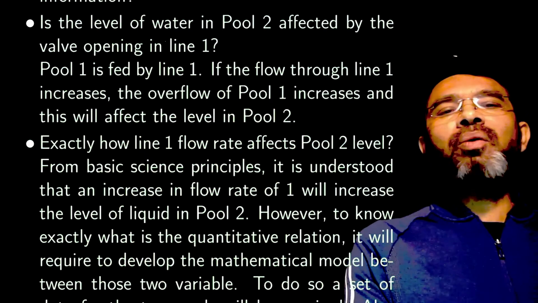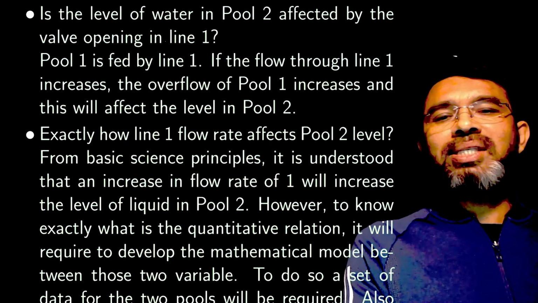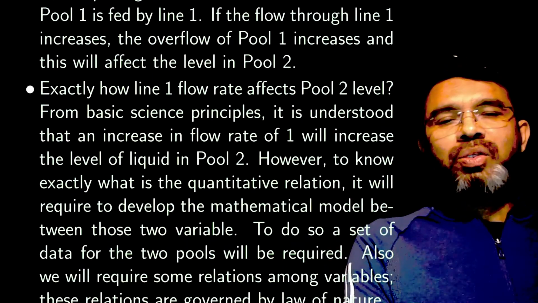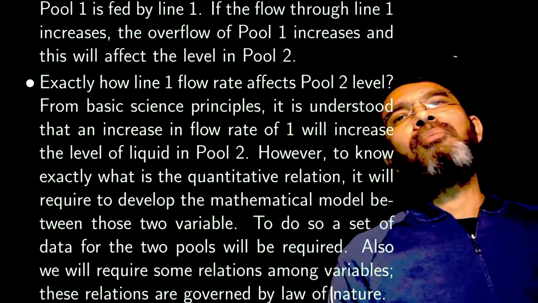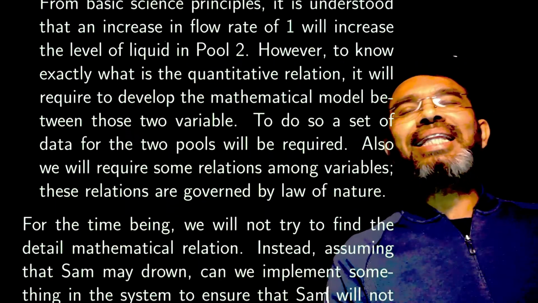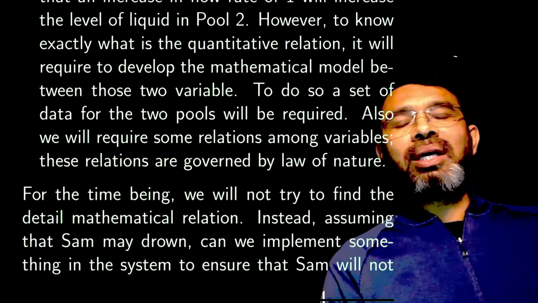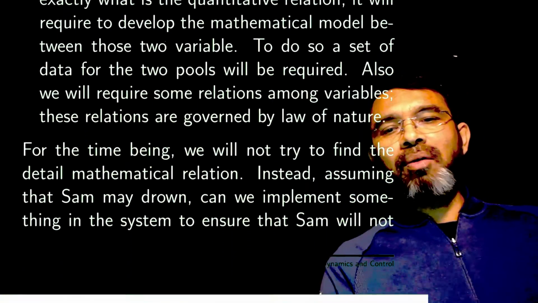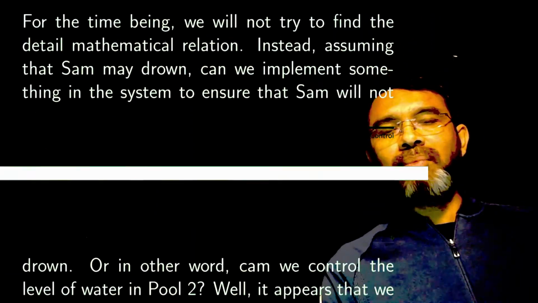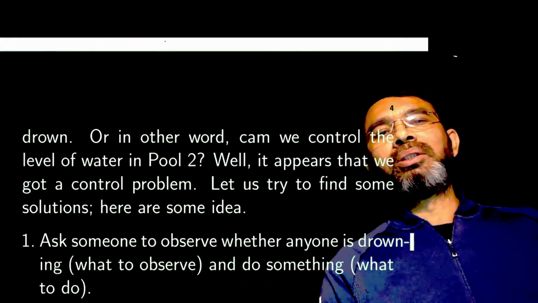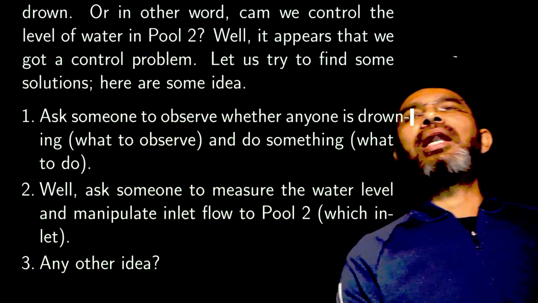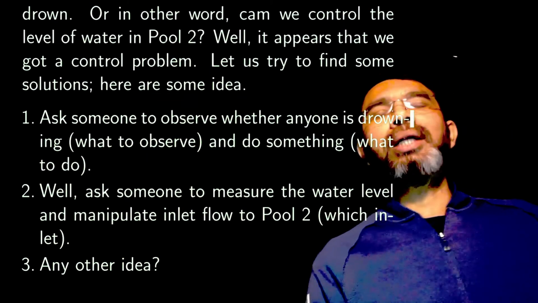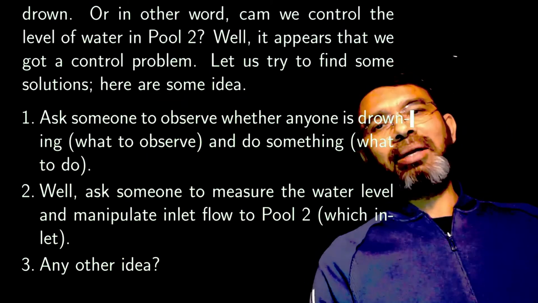So in this part, we are not going to discuss those things in detail. For that, we will need to find a mathematical model, and we will see those problem details in the coming lectures. Now, for the time being, what you can think about is, if you really want to keep the level of water in pool 2 under control, what can be done?